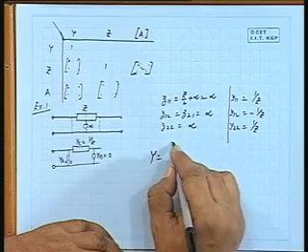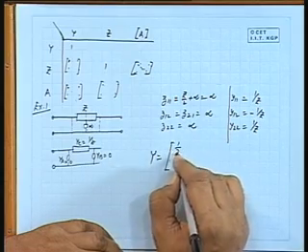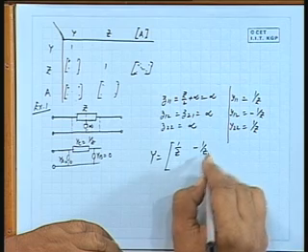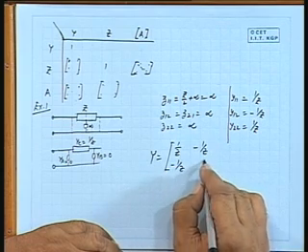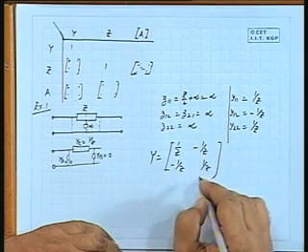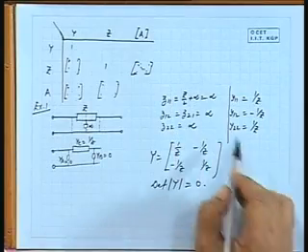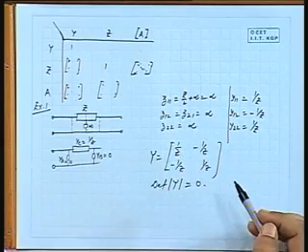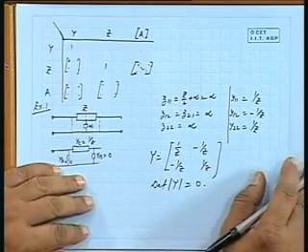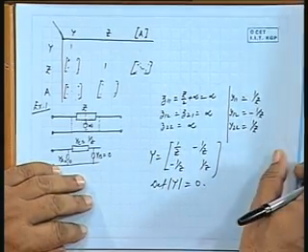Y matrix is 1 by Z, minus 1 by Z, minus 1 by Z, 1 by Z. What is the determinant? 1 by Z square minus 1 by Z square, which is 0. So, the determinant is 0, so Z does not exist. I hope this is clear.